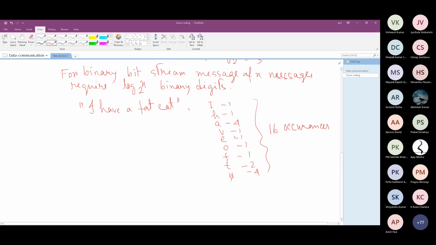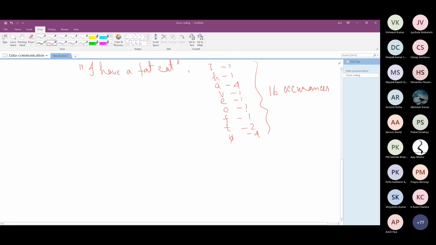So these symbols have the most probable occurrences within the 16. The information content which could be possible within 16 occurrences is not full because there is redundancy of occurrences.